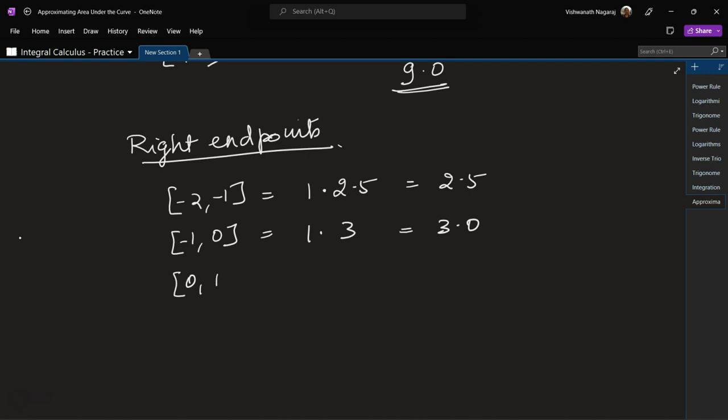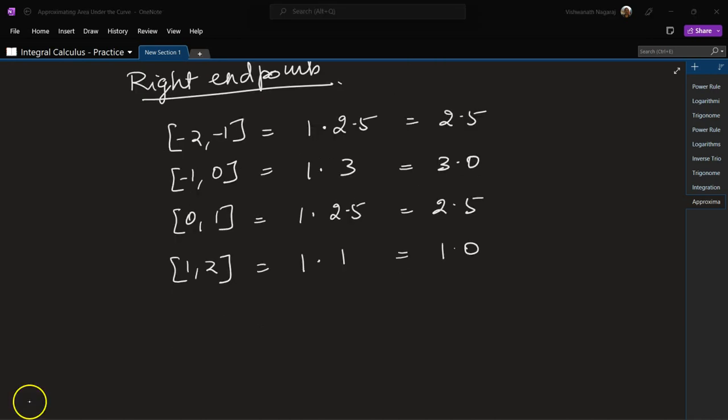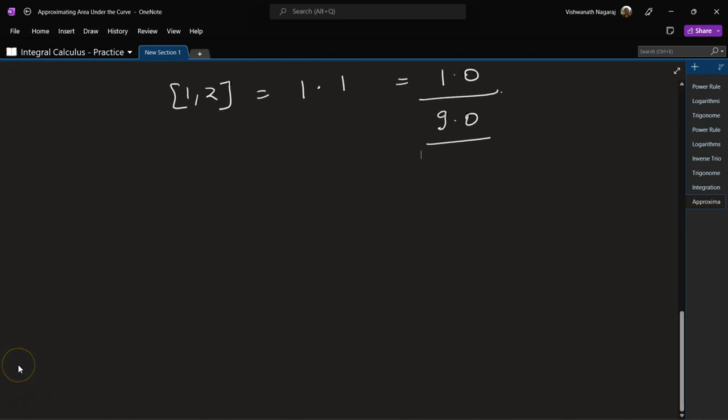Then 0 to 1 would be, again, width is 1 and 2.5 would be the height, which gives us 2.5. And from 1 to 2, we will have 1 times 1, which is equal to 1.0. If we add it up, what do we get? 2.5, 2.5, 5. 5 plus 3, 8. 8 plus 1, 9.0. Okay, this is the second approximation using the second method.